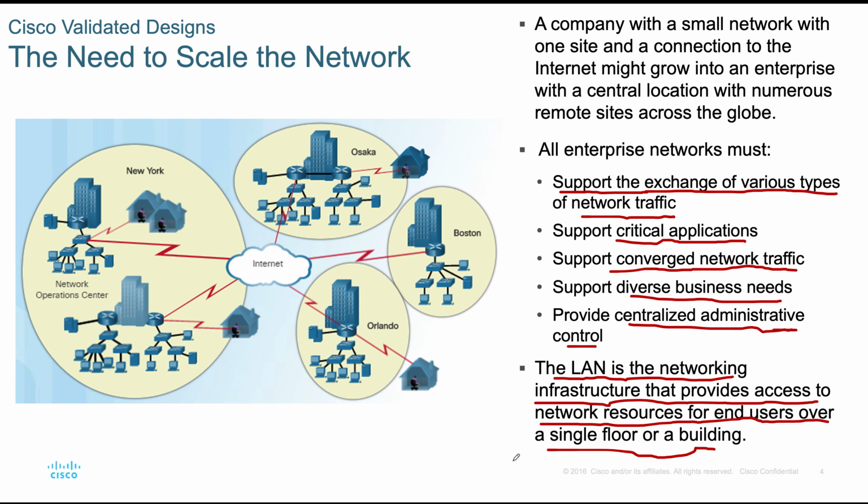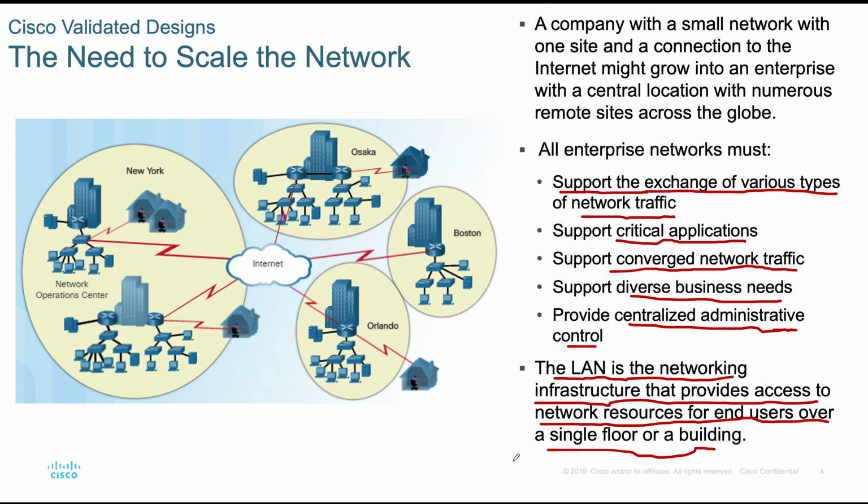Is that okay? Now let's move to the next point, which is still on the need to scale the network. Now, the local area network is the networking infrastructure that provides access to network resources for end users over a single floor or within a building. So here we are explaining what a LAN is.